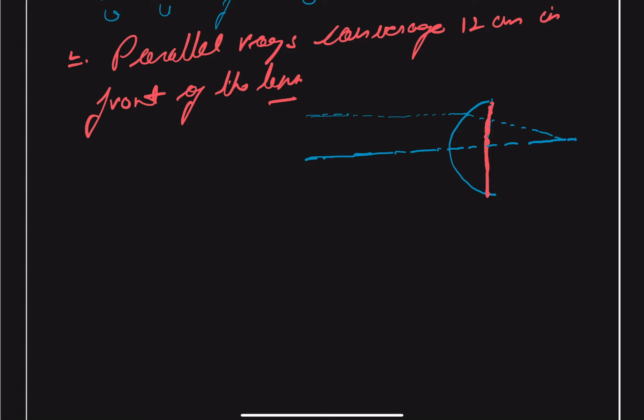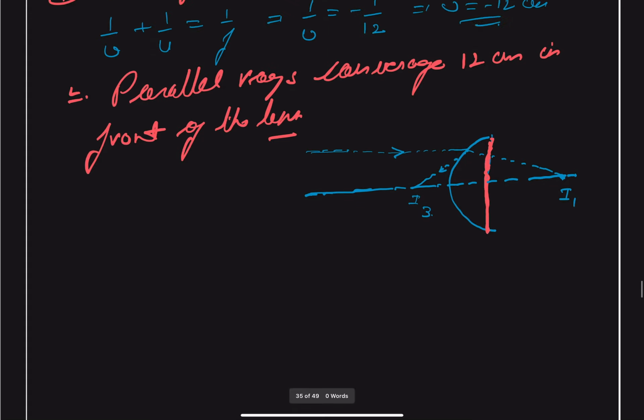So let us call this image 1. Now this will be acting as a virtual object, and we are going to have this as our I1, and this is our I3, and the distance is about 12.